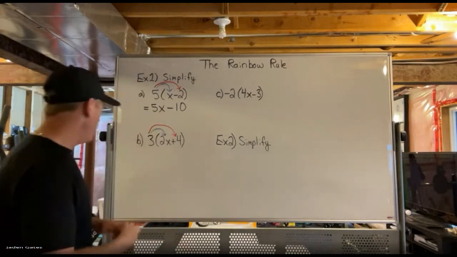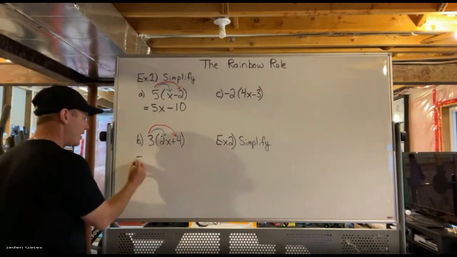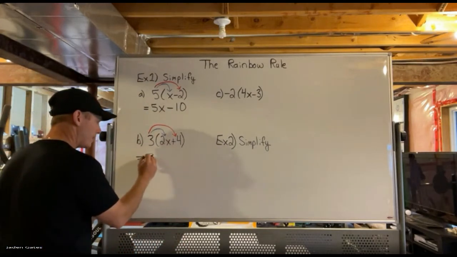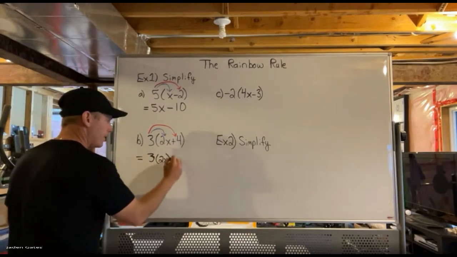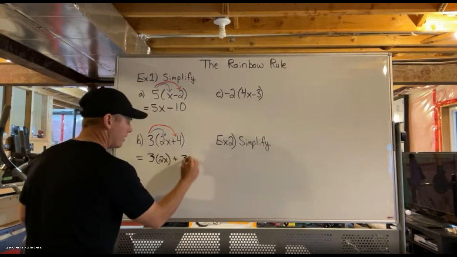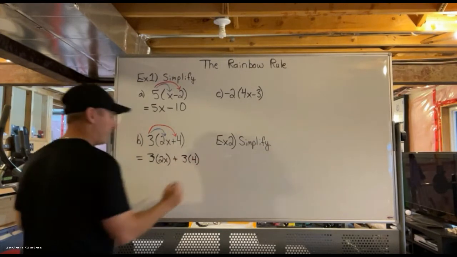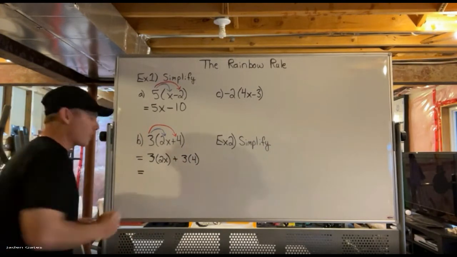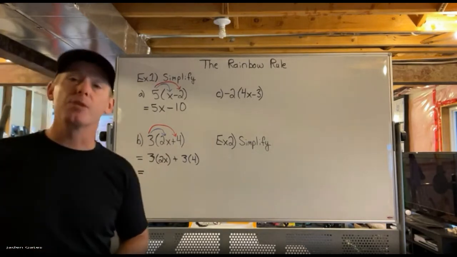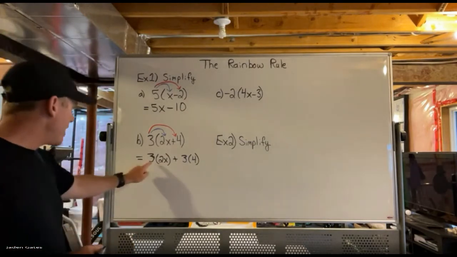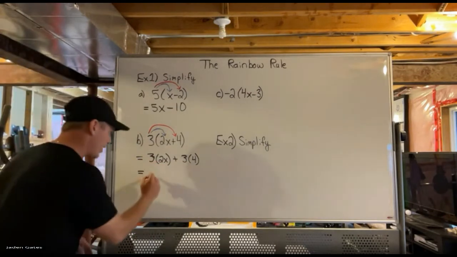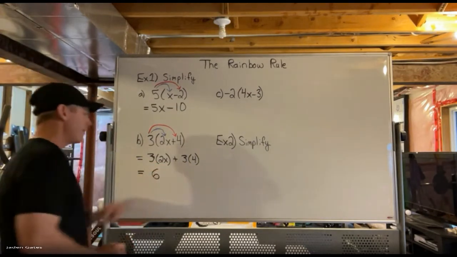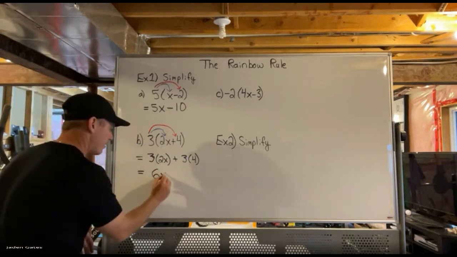All right, so 3 times 2x is the first part. And then we have 3 times 4. Now, I'm not sure what your experience is with polynomials, but when we have 3 times 2x, well, we have 3 times 2, which gives you a 6, and then there's the x.